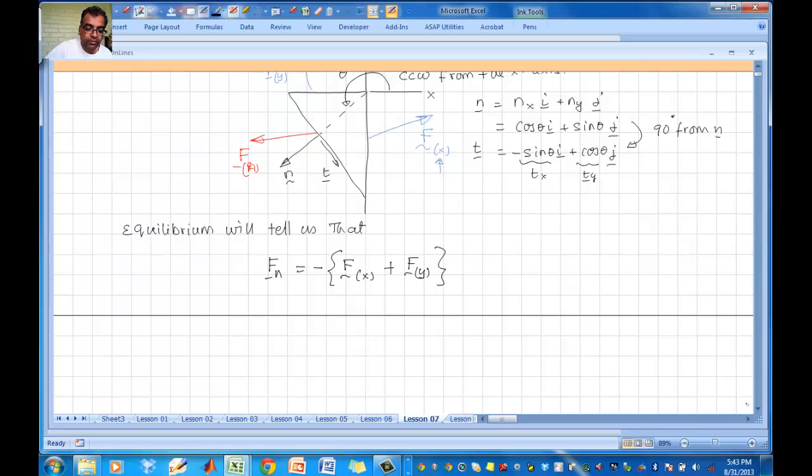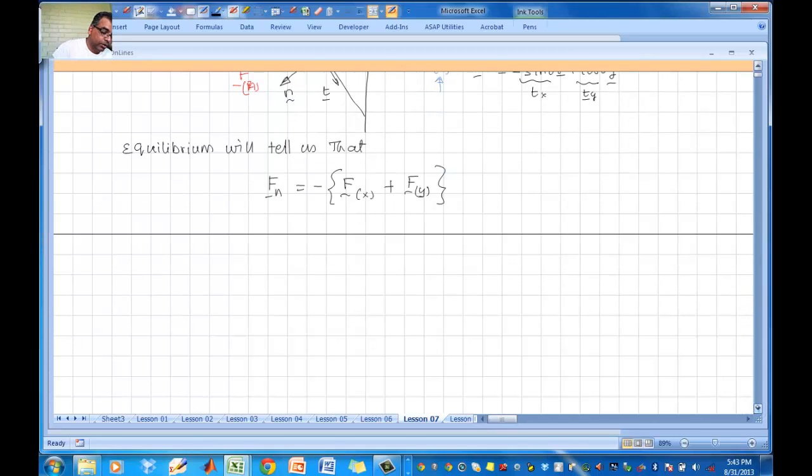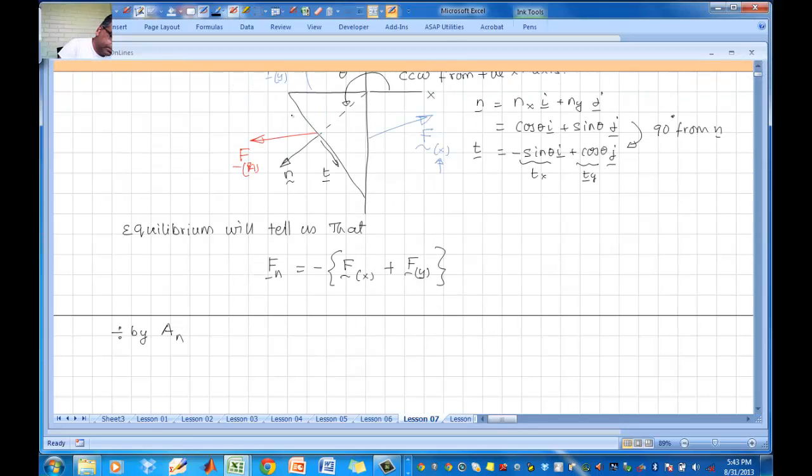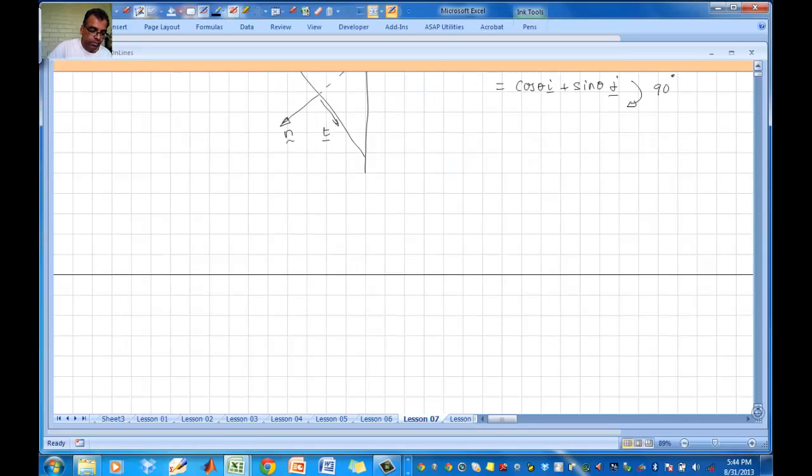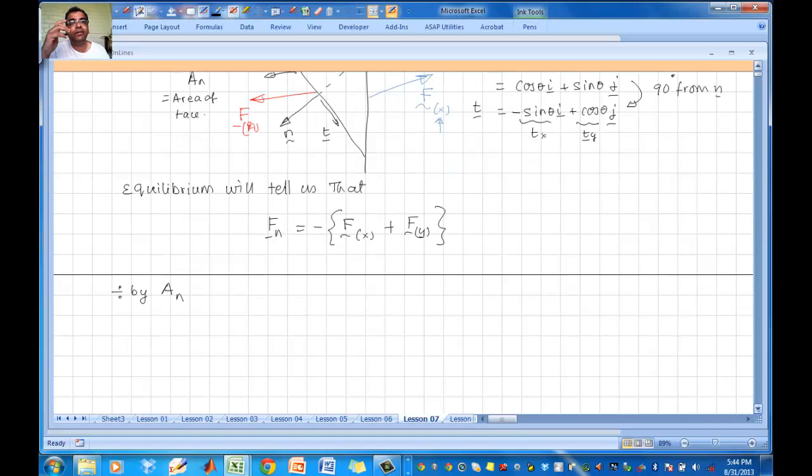No biggie. Agreed? Excellent. So what we are going to do now is divide by An, which is the area of this face. Why are we dividing by An? Because we are interested in force over unit area. You are with me? Force per area. So I have to divide by An. So that will give me Fn over An equal to minus Fx over An minus Fy over An.